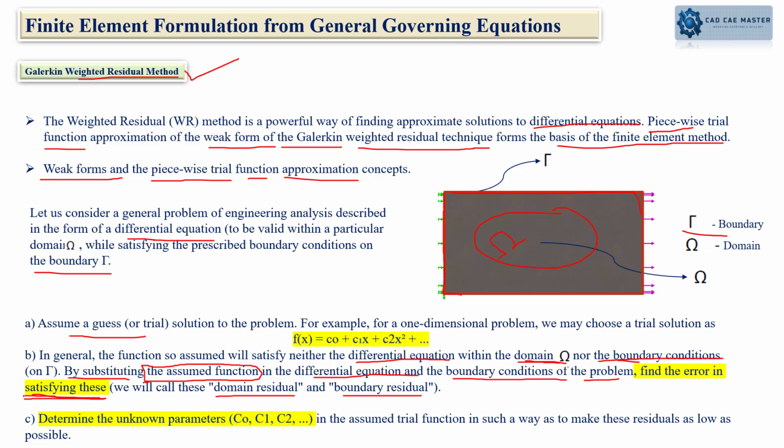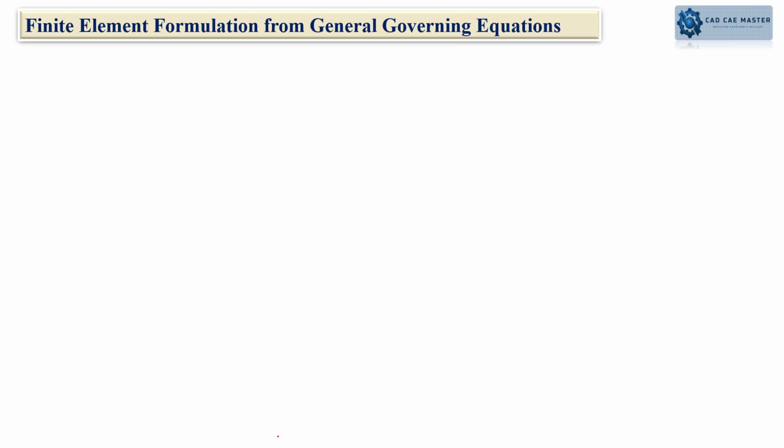This is going to help us a lot to tackle the weighted residual method. Now with this we try to determine the unknowns, that is C0, C1, C2, C3 and so on, in this assumed trial function in such a way as to make these residuals as low as possible. Now we'll see how exactly these equations are formed.